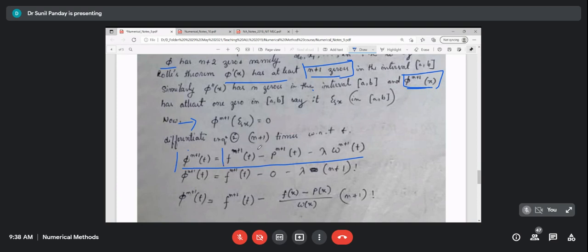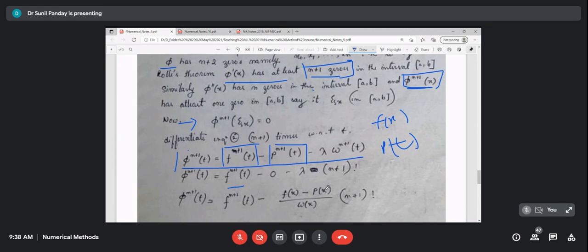Since we don't know the form of the function f(t) or f(x), we don't know what kind of function this is, so maybe its (n+1)th derivative exists. But what about this? It is p^(n+1)(t). We are differentiating the polynomial p(t), and then w(t), n plus 1 times.